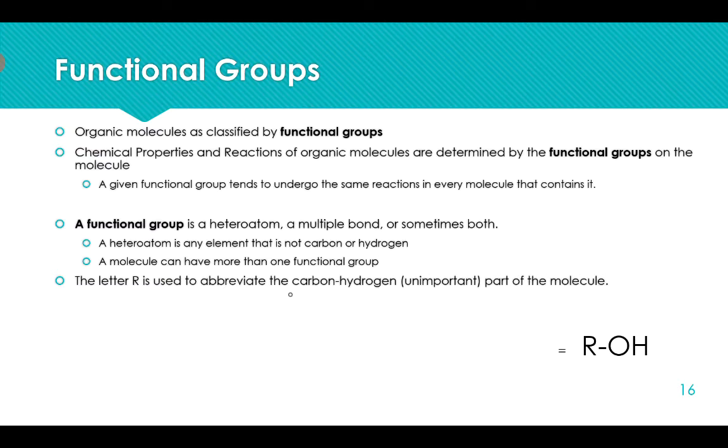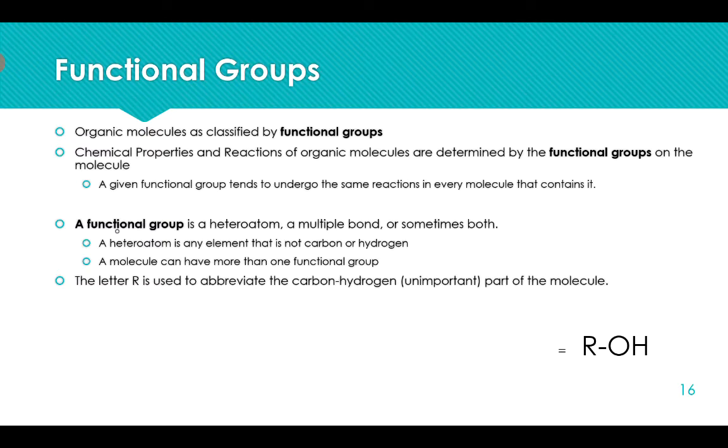So what are functional groups? Organic molecules are always classified by their functional groups. Functional groups are clusters of atoms on the organic molecules that really dictate what chemical and physical properties that substance has. So physical properties are things like boiling point and melting point and solubility, and chemical properties mean what chemical reactions that molecule will undergo.